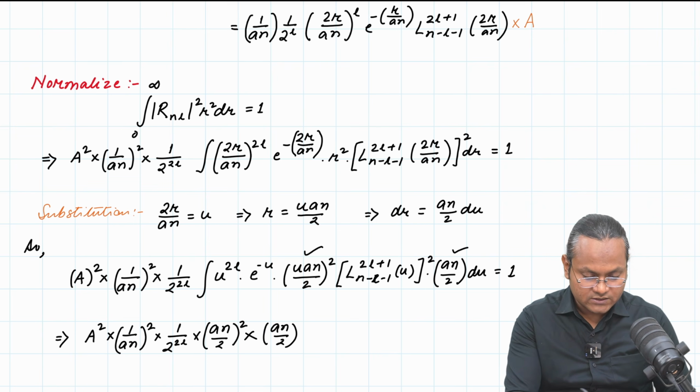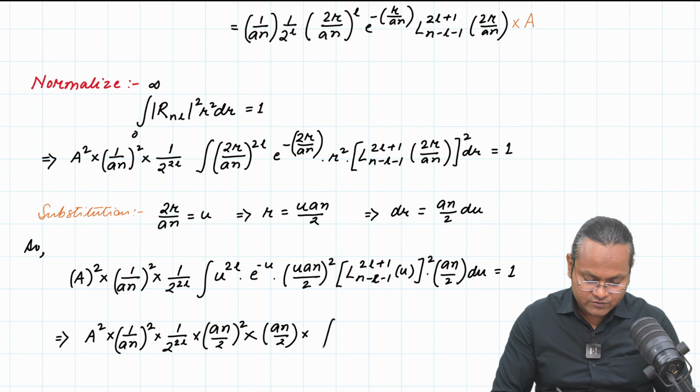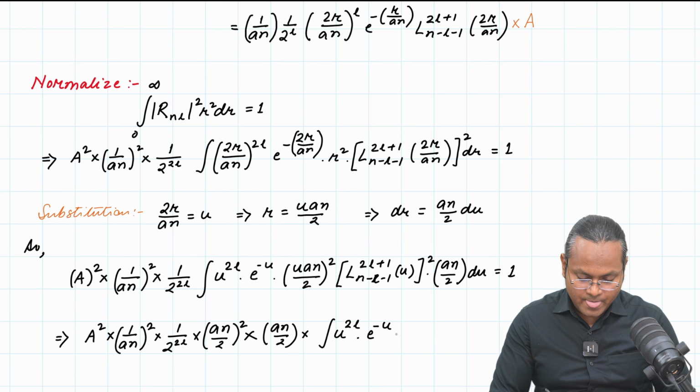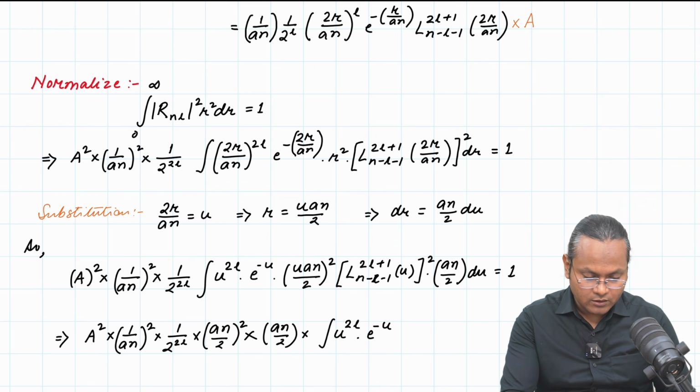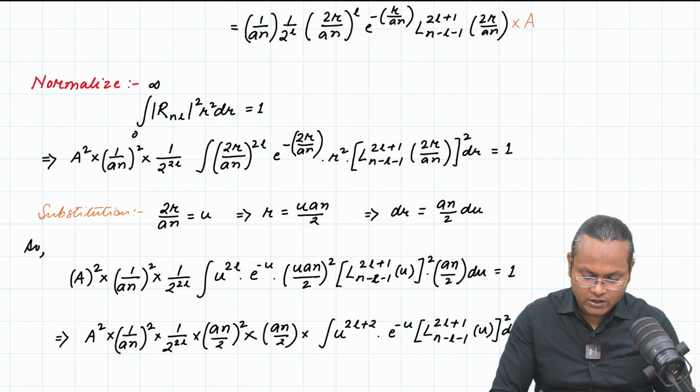I will simplify all of this, times u to the power 2l times e to the power minus u. And because you have a u squared term, I can include that in the first term itself: u to the power 2l plus 2 times e to the power minus u, times the Laguerre polynomial L_{n-l-1}^{2l+1}(u) whole squared du equals 1.